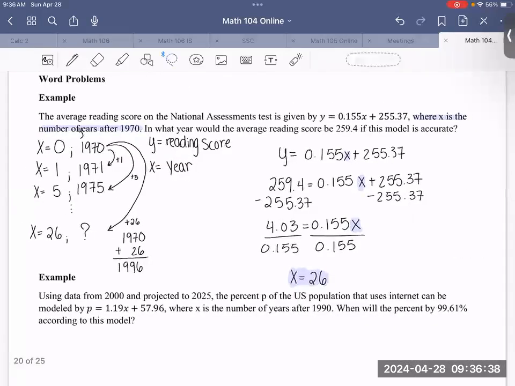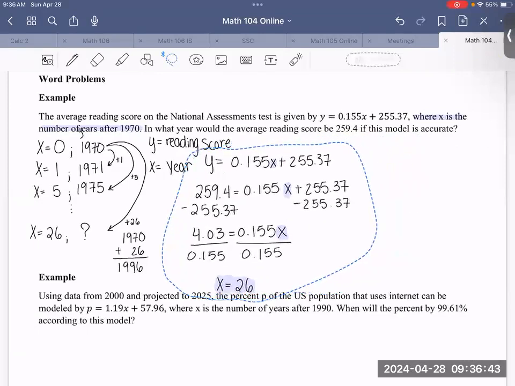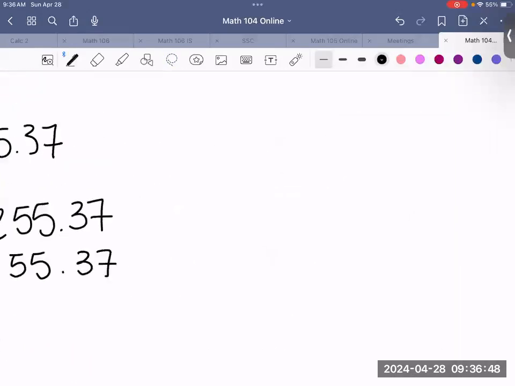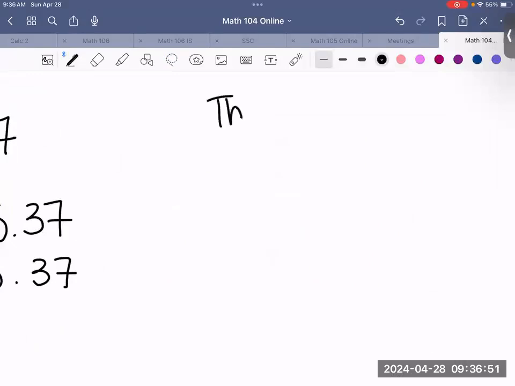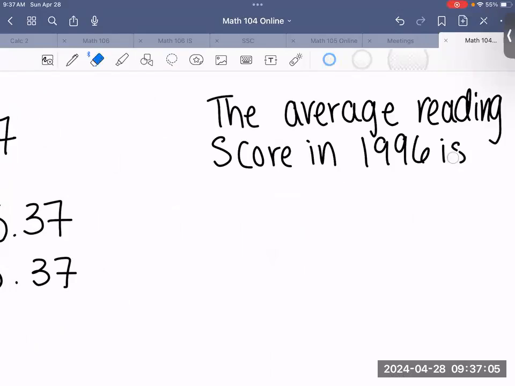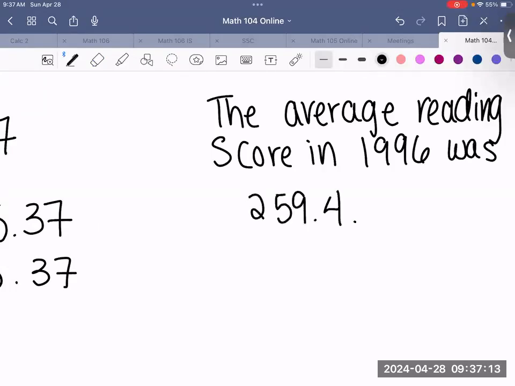So be able to bring meaning to your answer. I'm going to write your answer one more time, or the context: the average reading score in 1996 was 259.4.